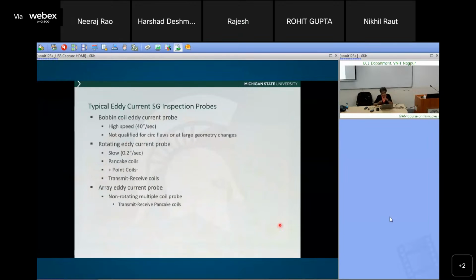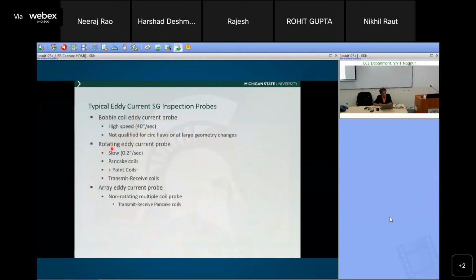The typical eddy current probes used here are the bobbin coil. We have seen that it is very high speed, 40 inches per second. The disadvantage of the bobbin is that it cannot detect circumferential cracks because they are parallel to the current direction. For detection, the current has to intersect the crack.